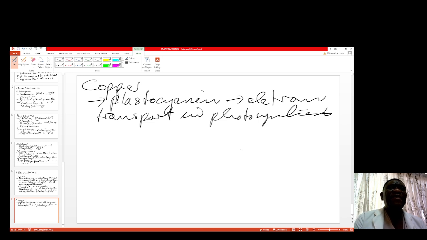I think it passes electrons to photosystem 2. To what is known as P700. We'll talk about it when we discuss photosynthesis. But anyway, just remember that this is important for electron transport.